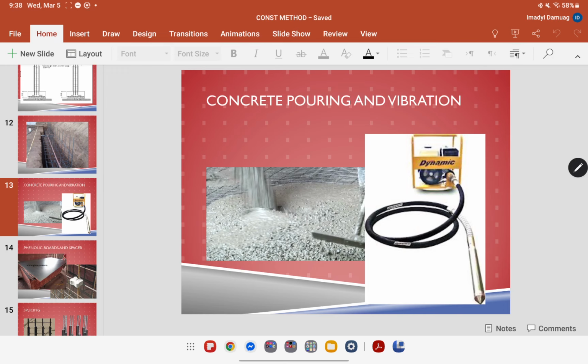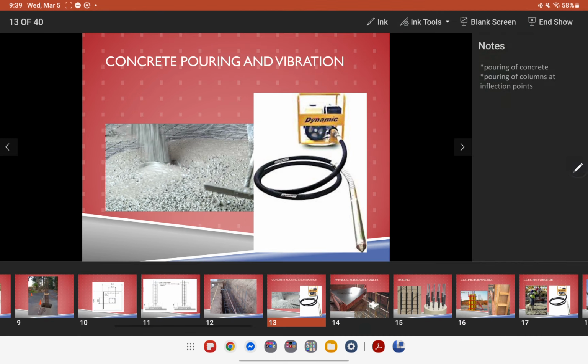Okay, since we still have time, I will continue discussing the continuation of construction methods. So I think the last part that I discussed was about concrete pouring.